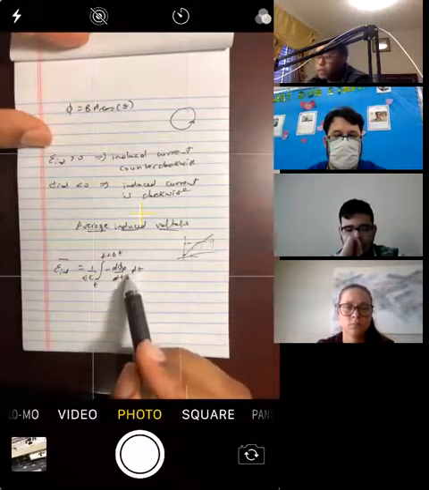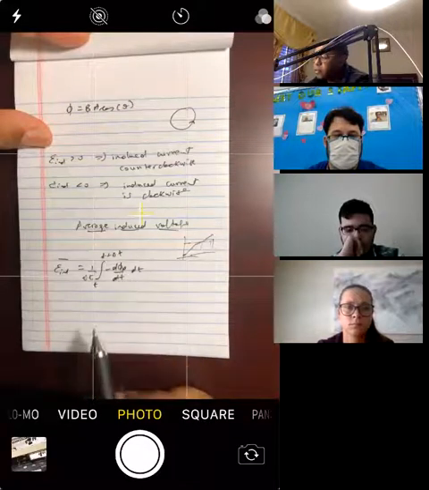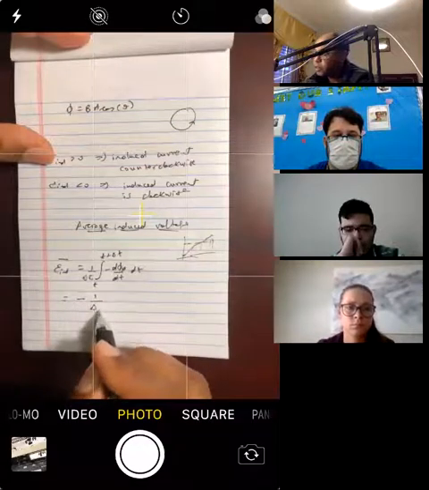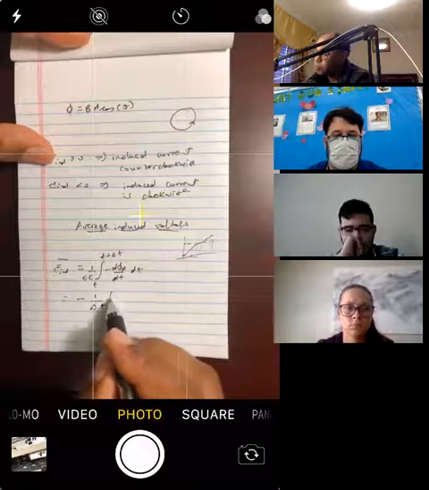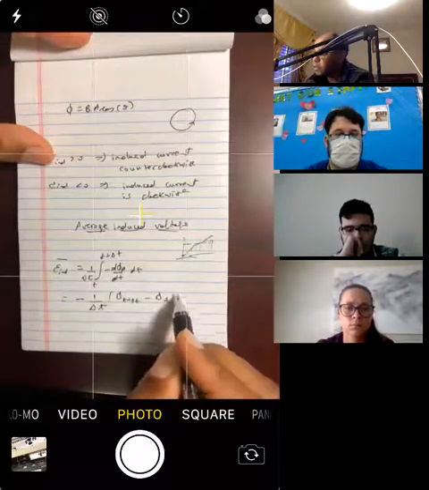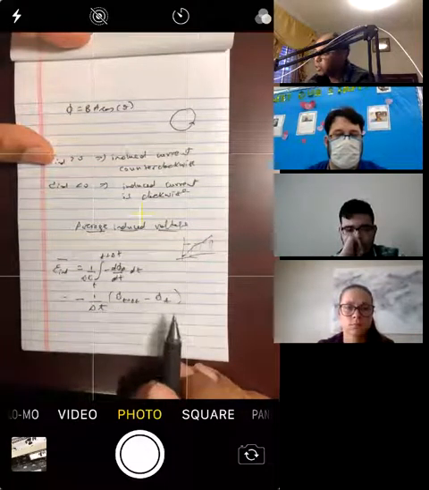So dt cancels out. This is basically the integral of d phi b, the flux. So you get 1 over delta t, and the integral of this would be the flux at t plus delta t minus the flux at t. But we can just say phi final minus phi initial.